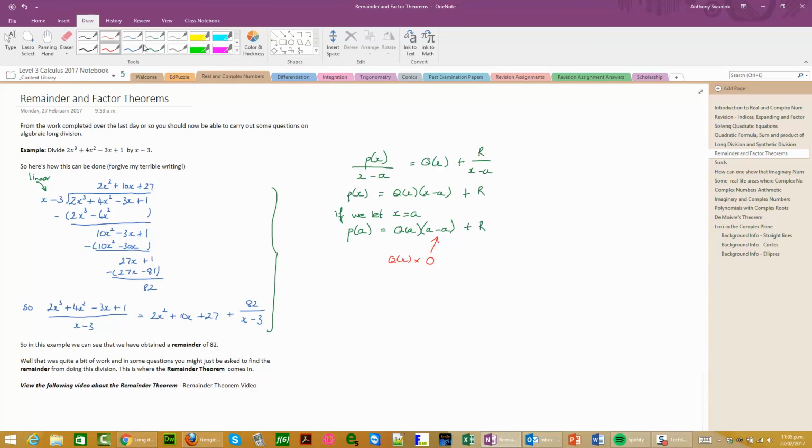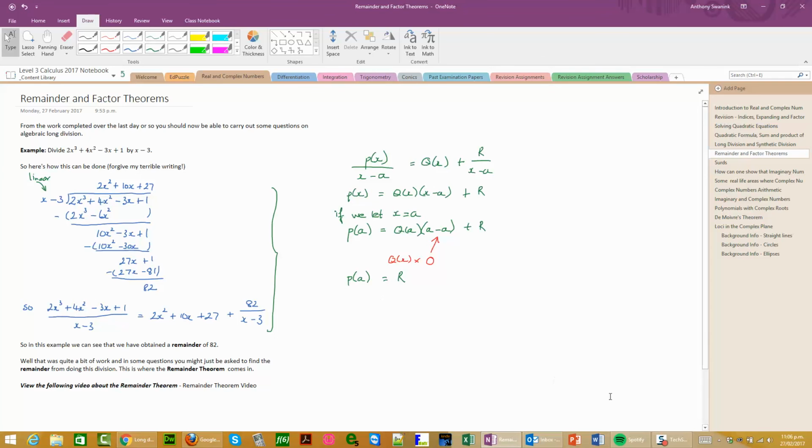This part here, the quotient with a in it times 0, is just going to be 0 every time. Then plus r, and 0 plus r is just r. Now this is an important result, and this is actually the remainder theorem.